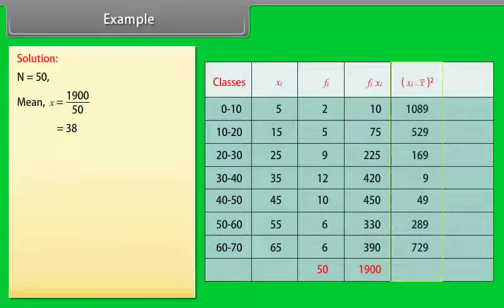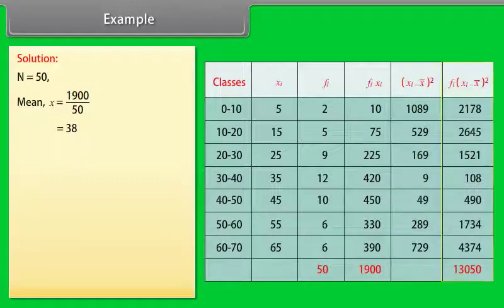In the fifth column, we find the squares of the difference between the xi and mean x bar. In the sixth column, we find the product of the frequency fi and squares of the difference between the xi and mean x bar, and the sum is found to be 13,050.